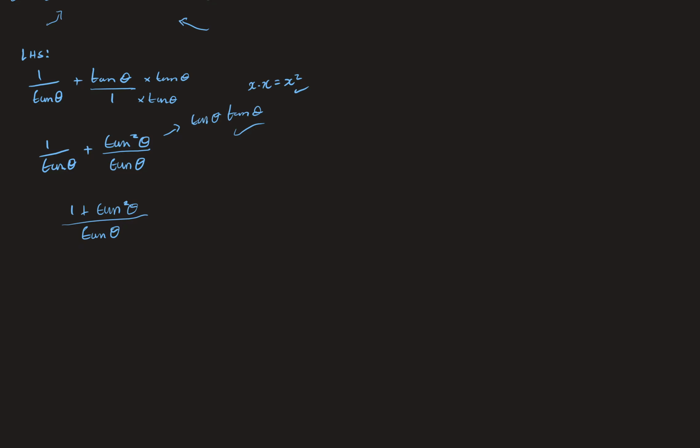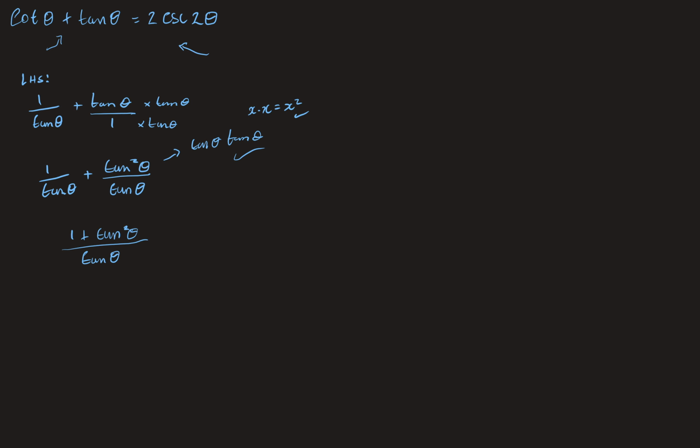Now, what do we notice? This numerator on top is another identity. This is the secant squared identity. So we can replace this by secant squared theta over tan theta. If that's not in your formula sheet, let me derive it for you. 1 plus tan squared theta is equal to 1 plus sine squared theta over cos squared theta.